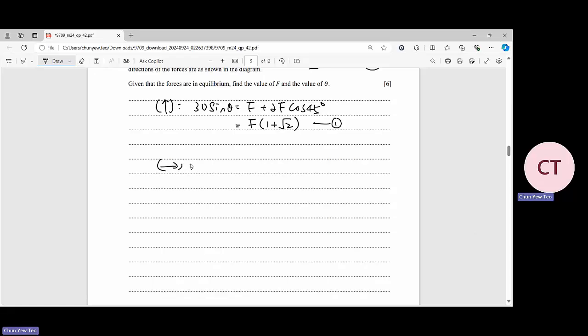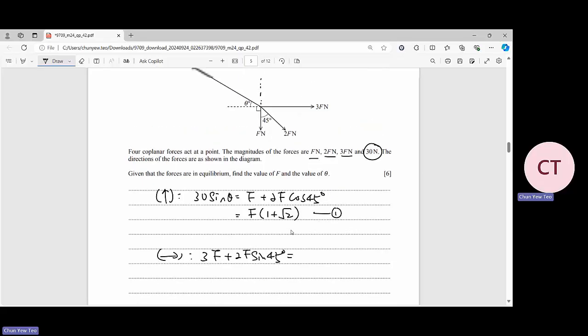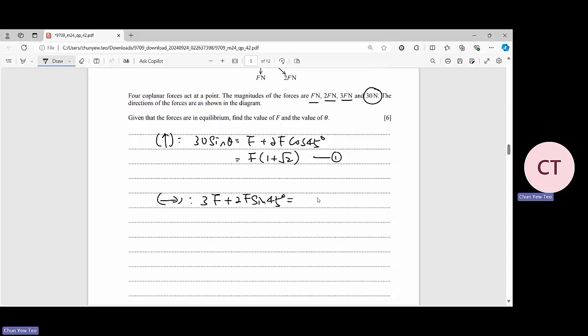If you resolve the forces horizontally, then you will get 3F plus 2F sin 45 is equal to 30 cos theta.